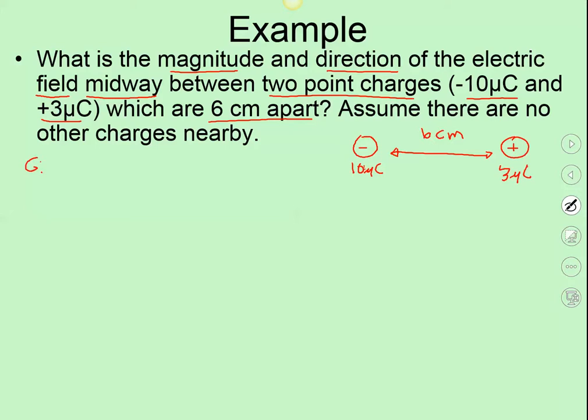So our given is Q1 is negative 10 times 10 to the negative 6 coulombs, and Q2 is positive 3 times 10 to the negative 6 coulombs. All right, and then R is not 6 centimeters.